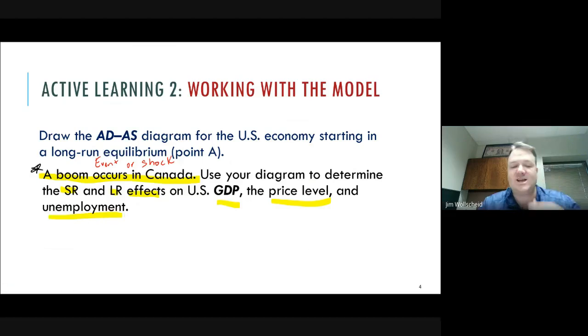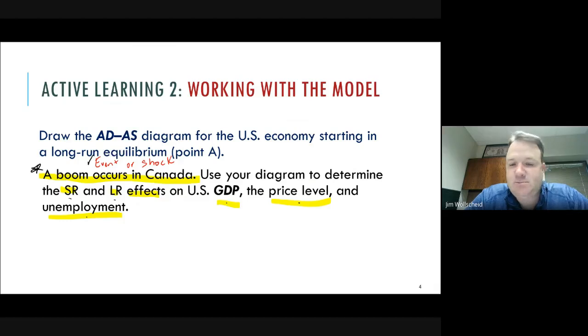Okay, so now for the test, what I'm going to do is give you the event. And I'm going to tell you I want either a short or a long run effect. And I'm going to pick either GDP, price level, and or employment. So on a test, you have to know all of it.